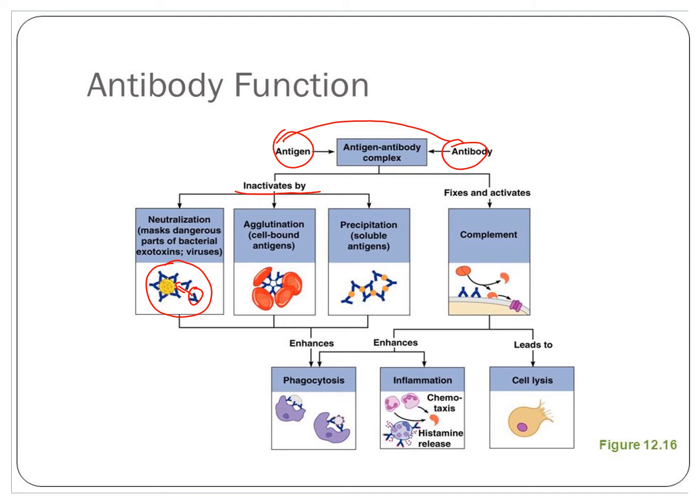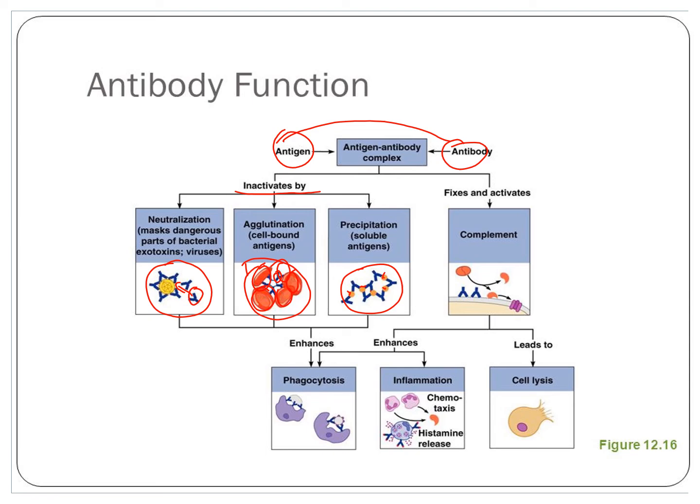Agglutination is another thing that they can do that we spoke about when we were dealing with your blood groups. Your anti-B, your anti-A, binds to antigen receptor sites on cells and clumps all the cellular masses together. Precipitation is a similar process, but this is dealing with single soluble antigens and not associated with being connected to a cell.